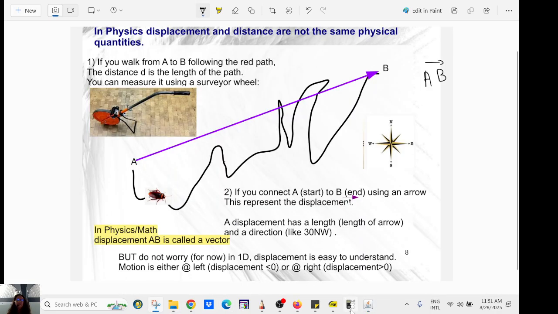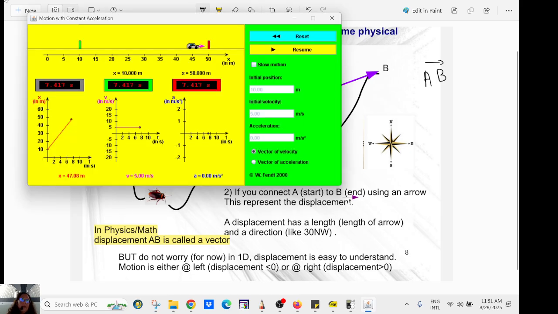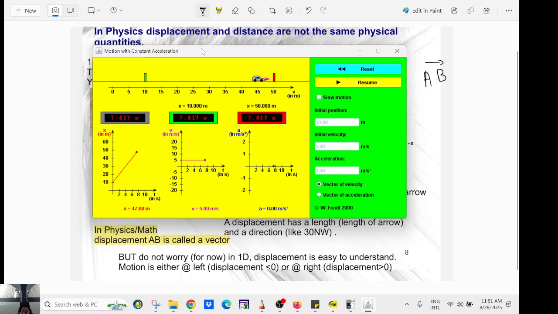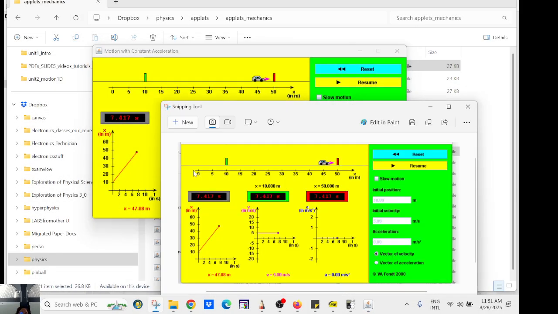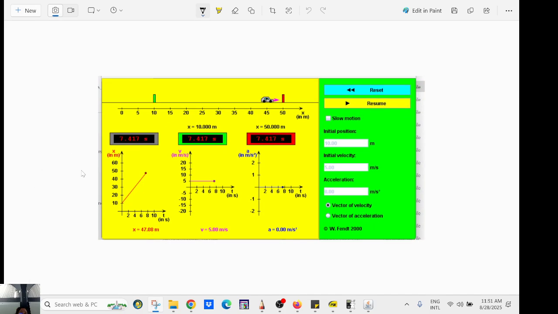So can you help each other and find the equation of this line? So that will be math, right? Imagine this is your y and the time.